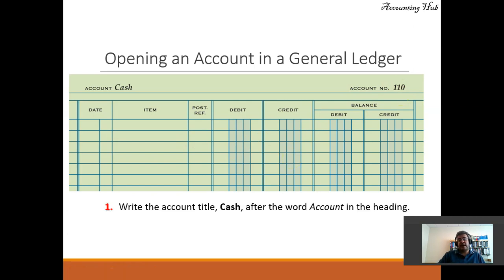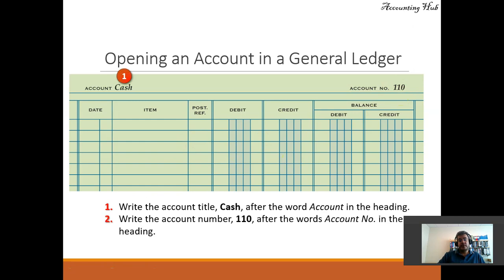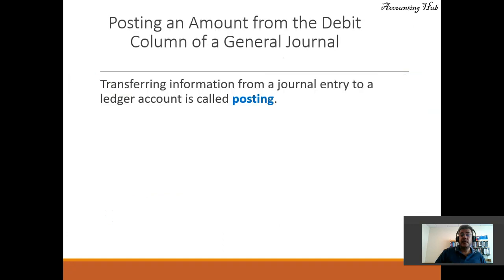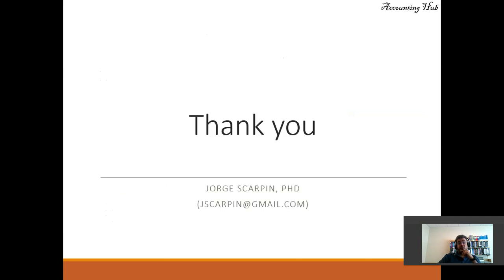Write the account title cash and the account number 110. We will do it soon in our Microsoft Excel. And posting: transferring an amount from the debit column of a general journal, transferring information from a journal entry to a ledger account is called posting. Not only the debit column, but also the credit column.